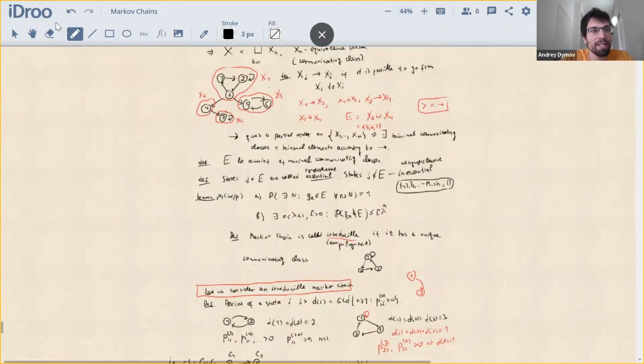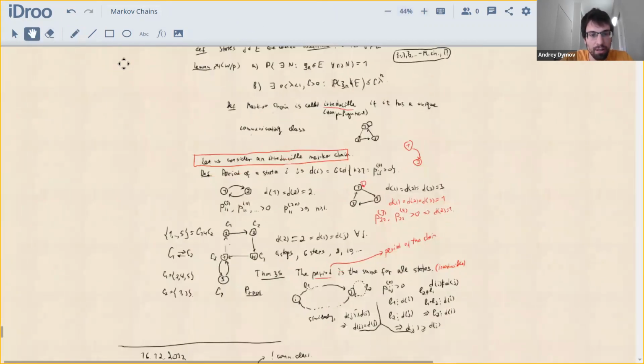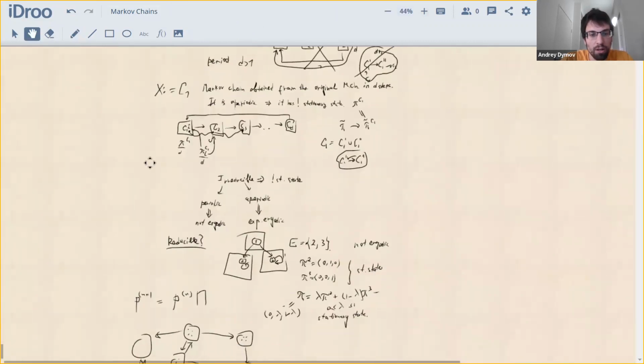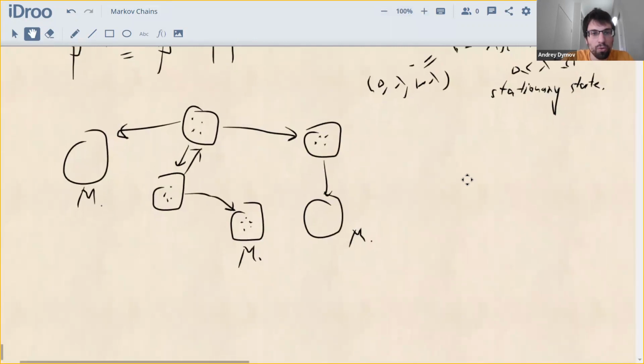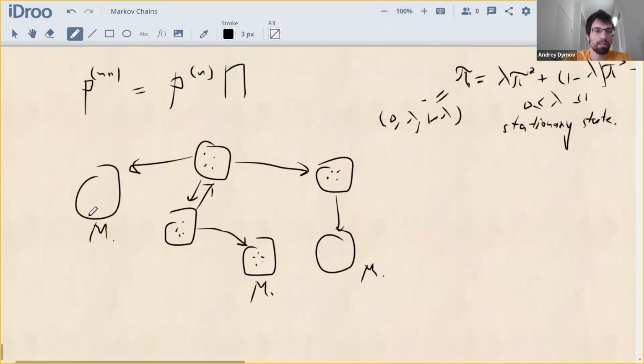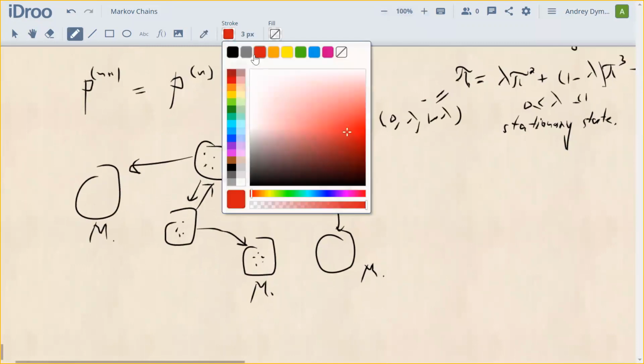So it means that with exponential rate, we are going to a minimal communicating class.